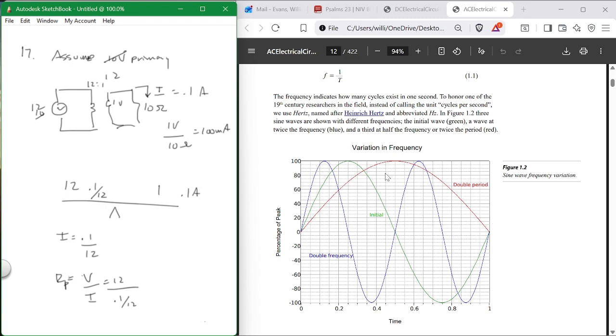This is the slow boat, the medium guy, and the fast guy. Does everybody see that the blue one is faster than the green one, which is faster than the red one? Per unit of time, the blue one is twice as fast as the green one, which is twice as fast as the red one.